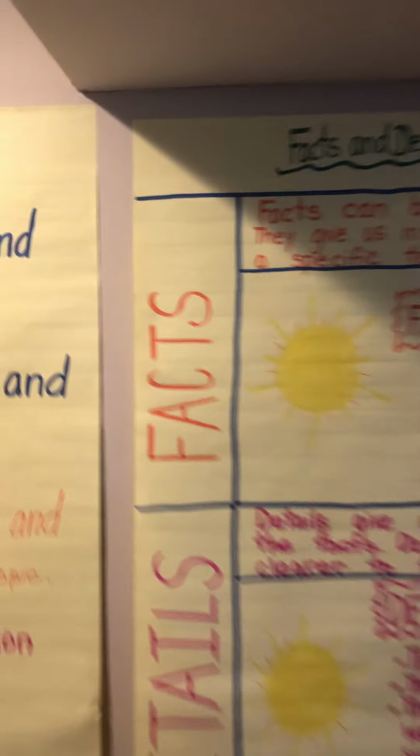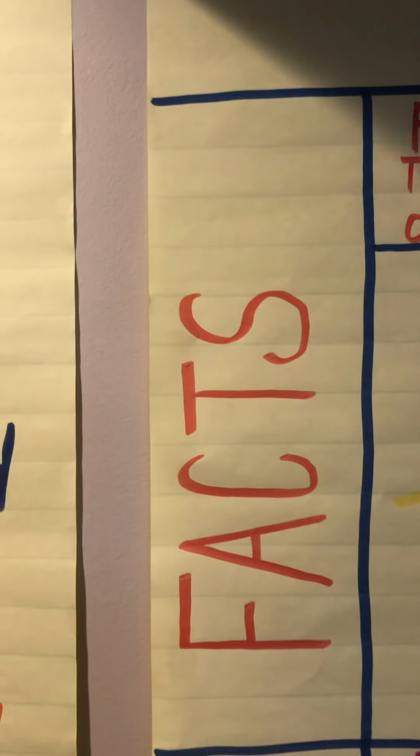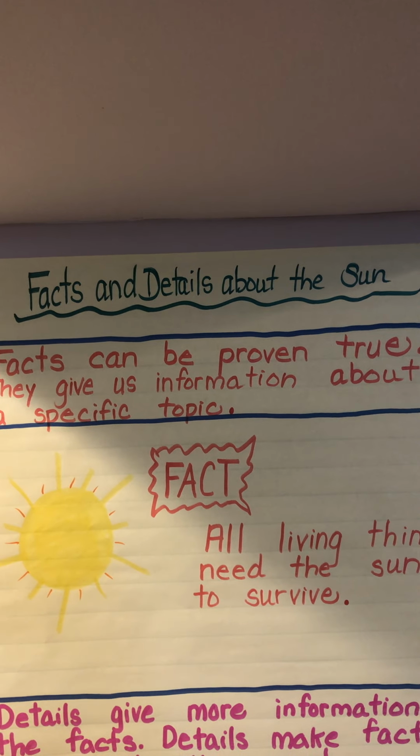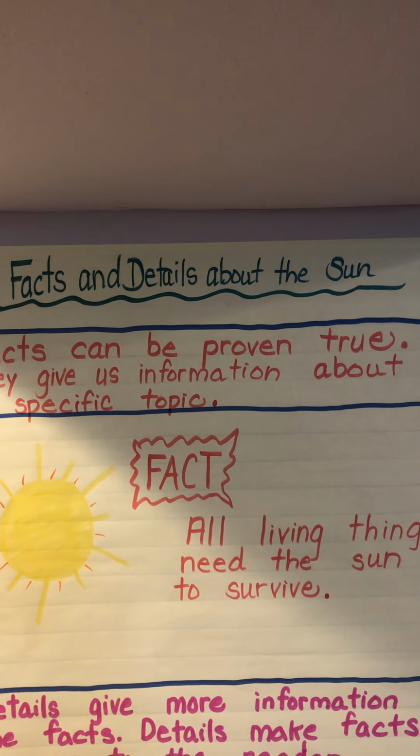So if we were to look at the fact side, and remember, facts can be proven true. They give us information about a topic. Well, my topic is the sun. The fact that I came up with was that all living things need the sun to survive. Okay, so if I just said that to you and didn't provide any detail, you might have a lot of questions like, hey, how does the sun do that?